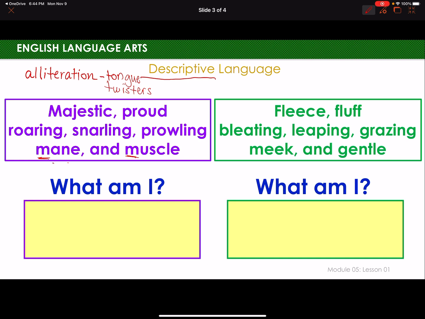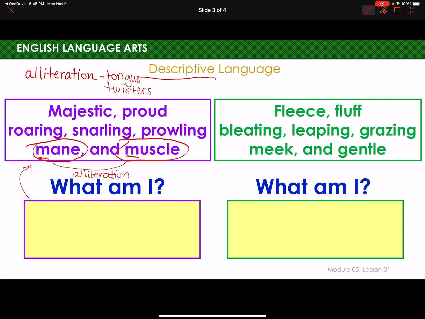So this is alliteration. Okay, what is this stanza right here from a poem describing? Majestic, proud, roaring, snarling, prowling, mane, and muscle.